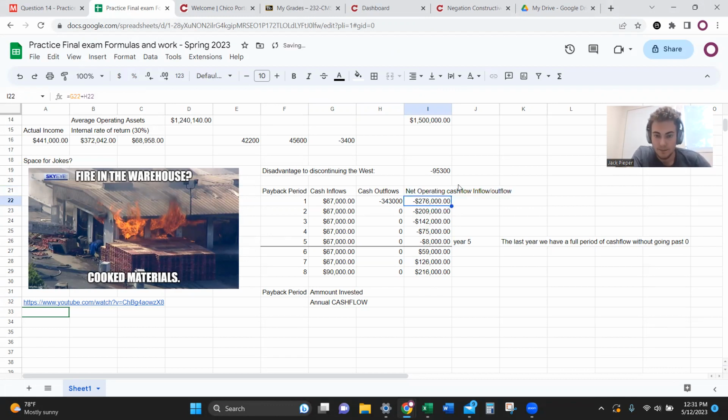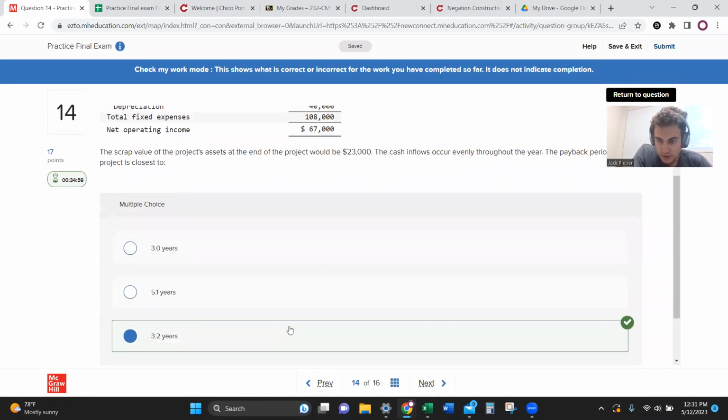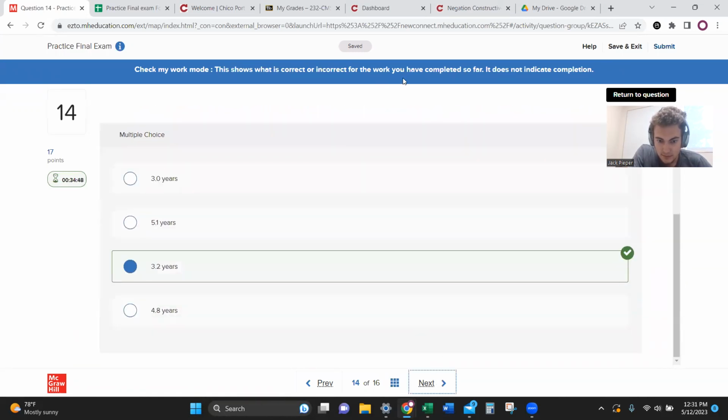I don't even know if it's right to call it cash flow because depreciation is subtracted out of it, but this is just net operating inflow outflow. So the way I solved that was I did 343 divided by 67, but added back in the depreciation to get the cash expense. So it was actually 343 divided by 107,000, and that got us 3.2 years. Depreciation is an expense that we already paid for when it comes to cash, so it doesn't get added. You don't pay for it twice, only once.